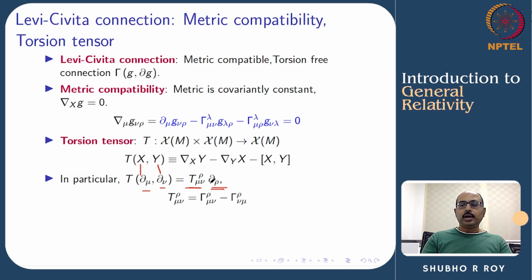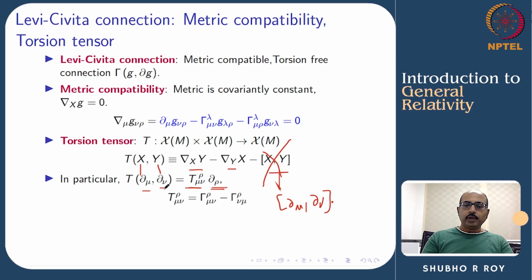If you work out the right hand side, the Lie bracket term works out to be 0, because we know the Lie bracket of two coordinate basis elements is 0. So this term doesn't contribute, but the other two will, and we already know the covariant derivative of nu with respect to mu gives you gamma rho mu nu, and the other gives mu and nu reversed.